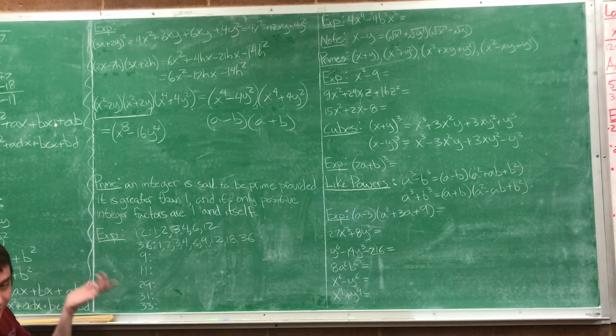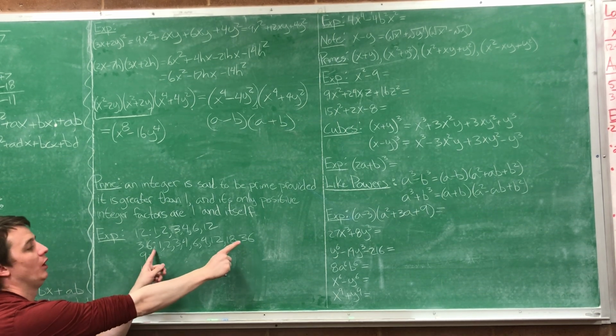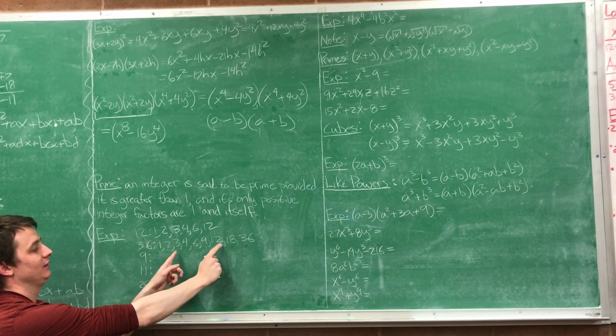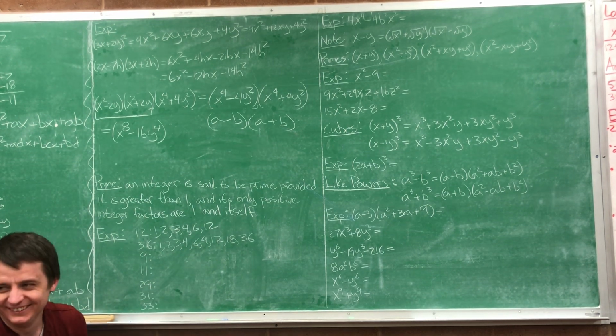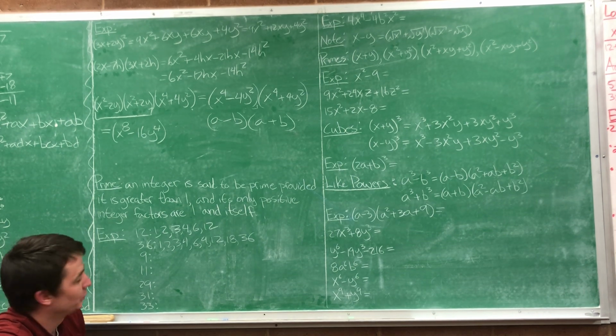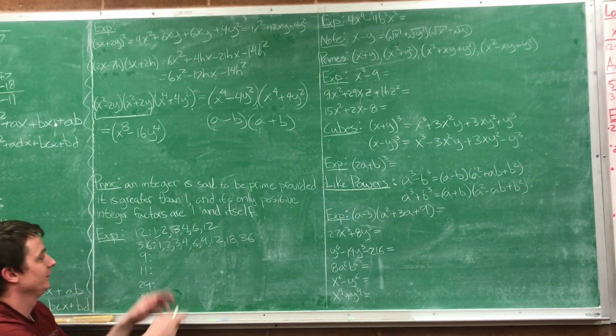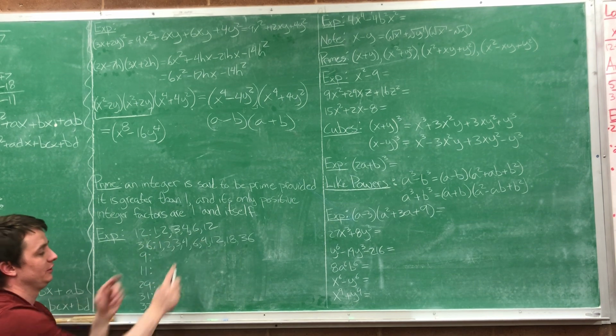Now, notice that they always come in pairs. 1 and 36, 2 and 18, 3 and 12, 4 and 9, 6 and 6. Pairs, unless there's an odd number of them. Same with 12: 1 and 12, 2 and 6, 3 and 4.